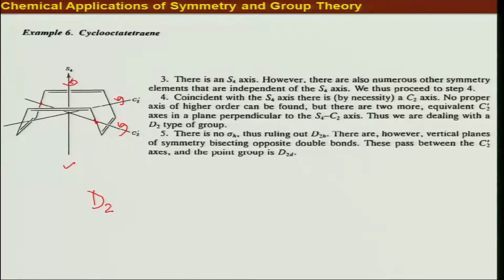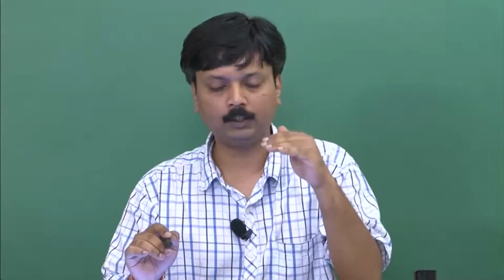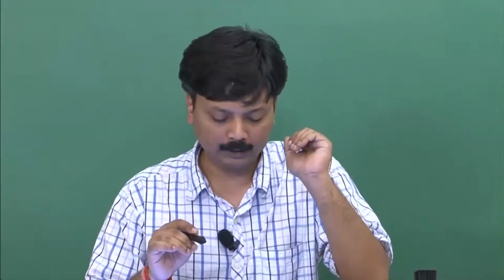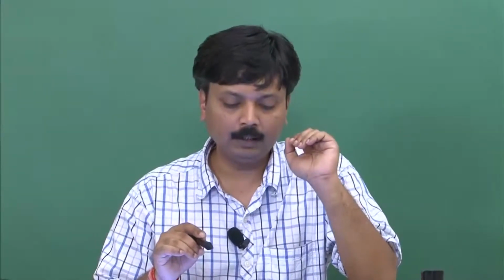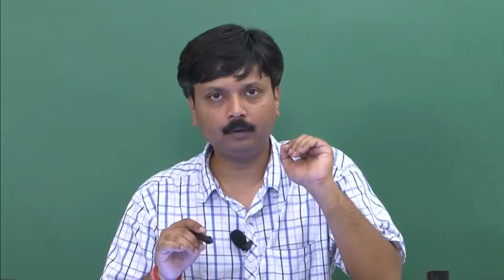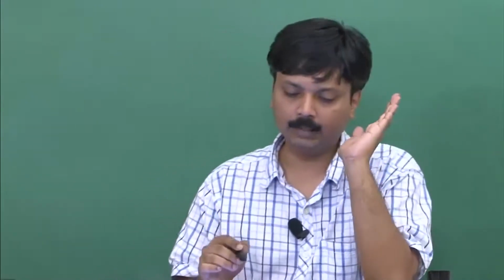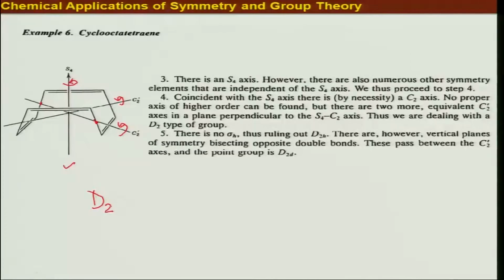So, I cannot really have this reflection symmetry based on the plane perpendicular to the C2 axis. So, there is no sigma h, but there are sigma d's. The moment I know that there are sigma d's, I have to find out how many. It demands that I should have at least two sigma d's. Then I can call this point group D2d. So, let us find out.